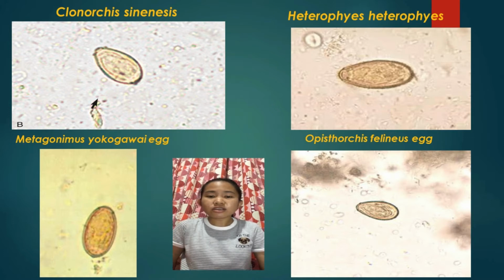Now let us take a look at the pictures on the screen. We have here the eggs of Metagonimus yokogawai, Heterophyes heterophyes, Opisthorchis felineus, Opisthorchis viverrini, and Clonorchis sinensis.